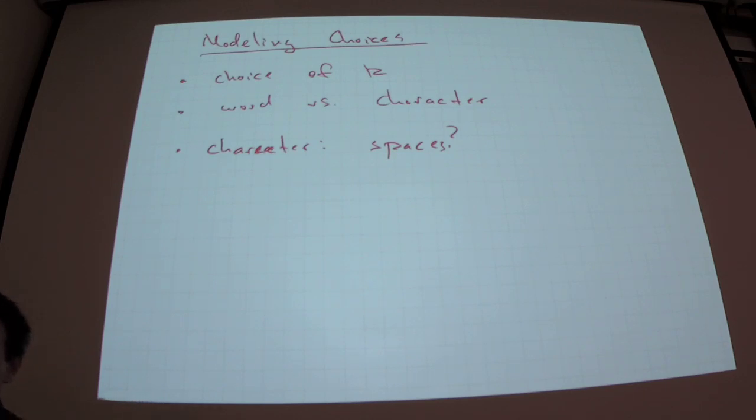So, okay. Well, what other modeling choices did I make, or could I have made? Capitalization. So I used the word Sam in the wordgrams, and I kept Sam capitalized there.